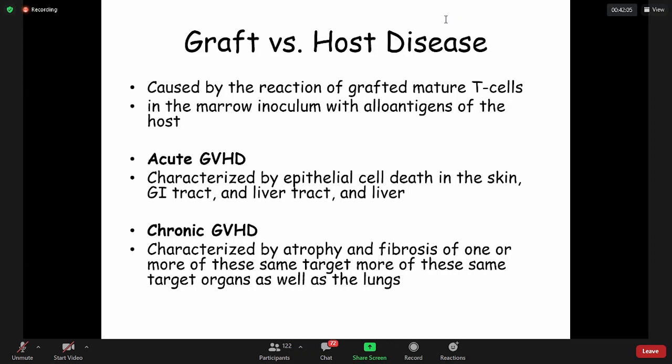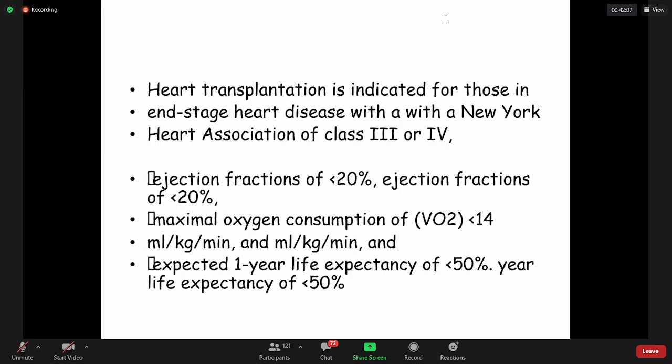We have heart transplants, with rejection fractions of up to 20%, and life expectancy is less than 1 year. So even with a heart transplant, you won't live long.